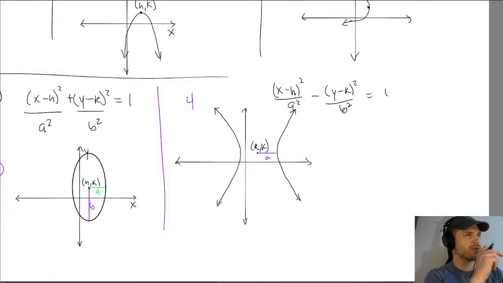How would that work? So that's A. It'd be square root B squared minus H.